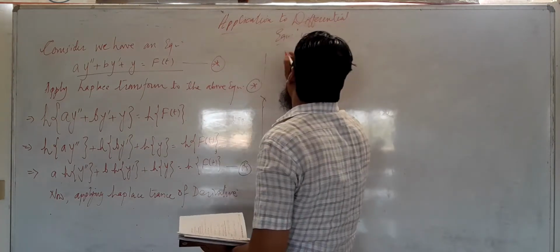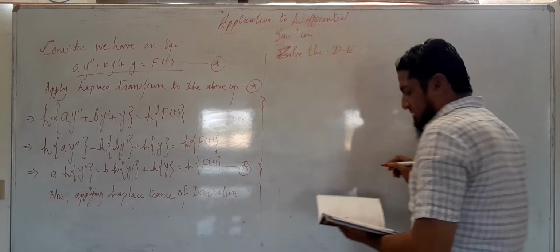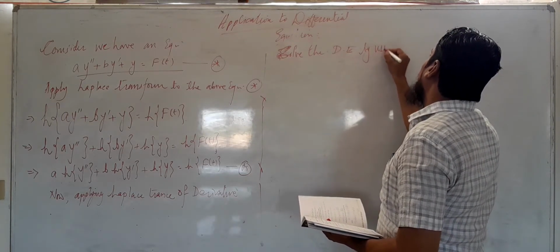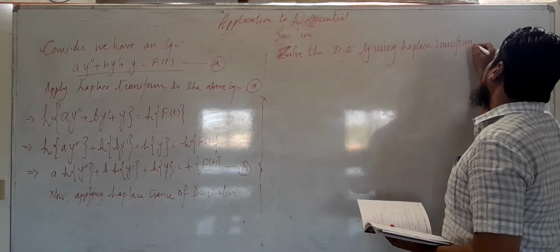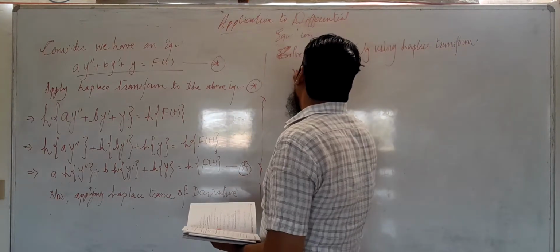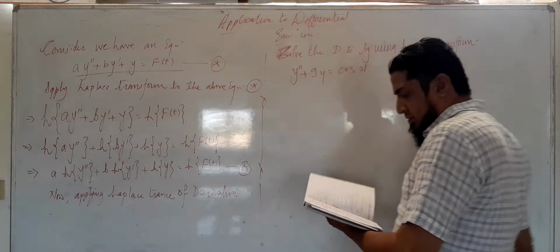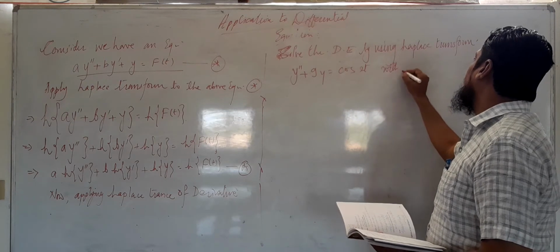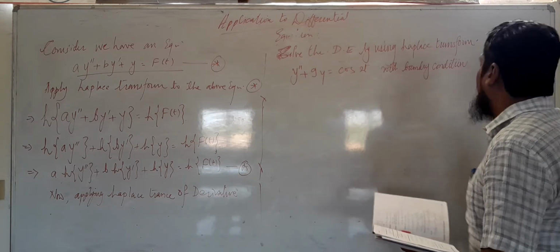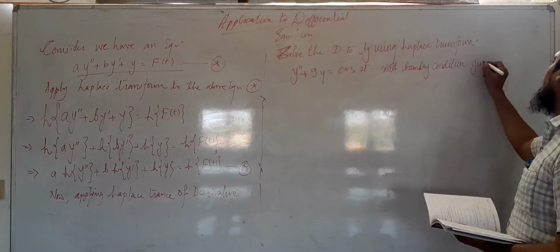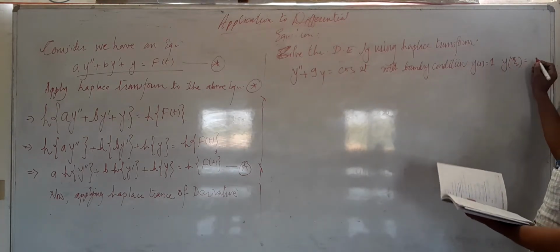The equation is given as y double dash plus 9y is equal to cos 2t with boundary conditions y of 0 is equal to 1 and y of pi by 2 is equal to minus 1.